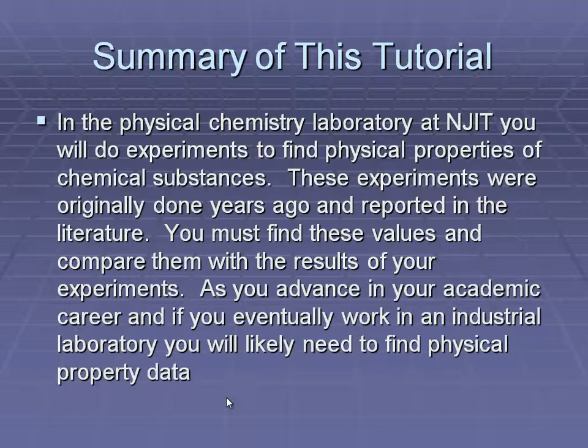You'll have to take the information that you find in the lab and compare it with the known sources in the literature. As you advance your career here at NJIT, you'll get more adept at using the various resources that we offer you, both those that are free in the public domain and those that we have to pay for.